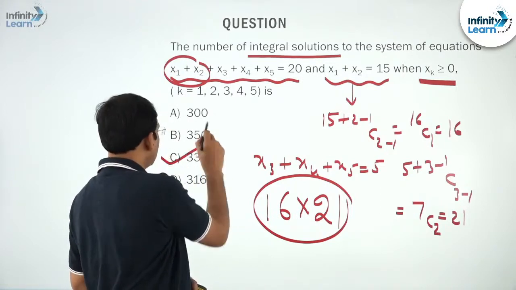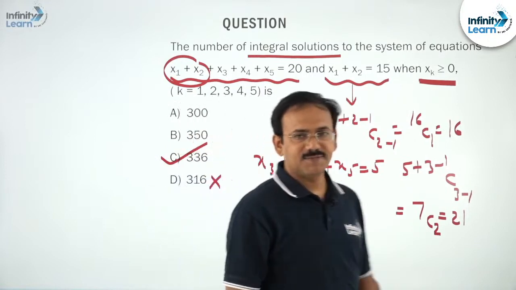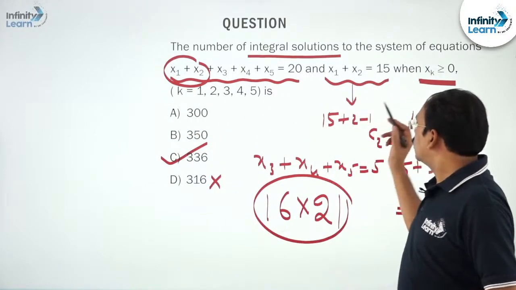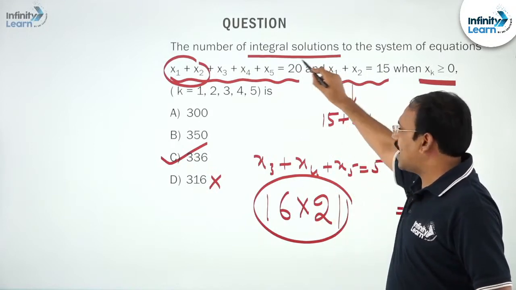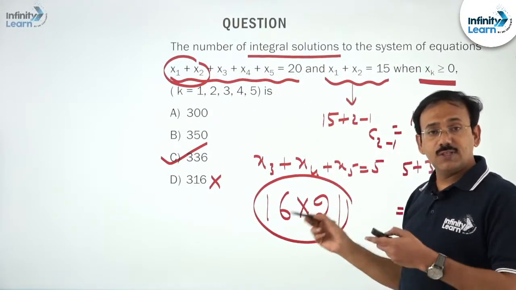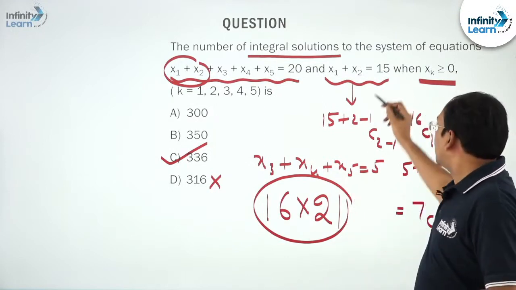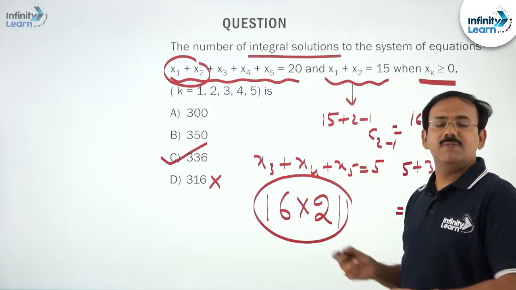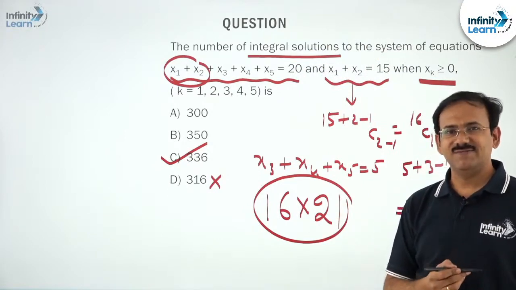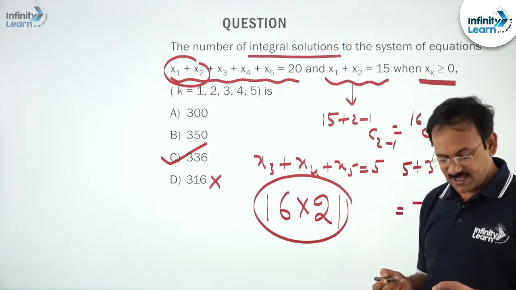So the last digit is 6, this is the answer, right. Simple friends, two conditions simultaneously, find the solutions for this as well as this. Now for each possibility of this you will get 21 here, there are 16 possibilities, 16 into 21, clear friends, right, good.